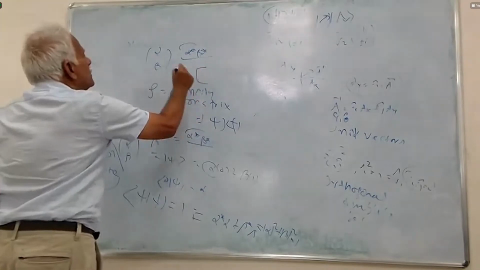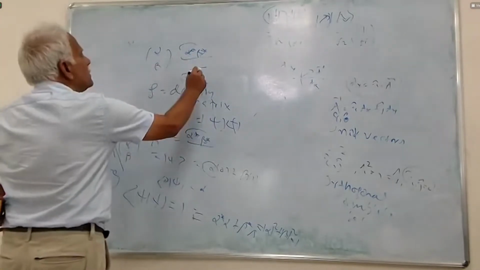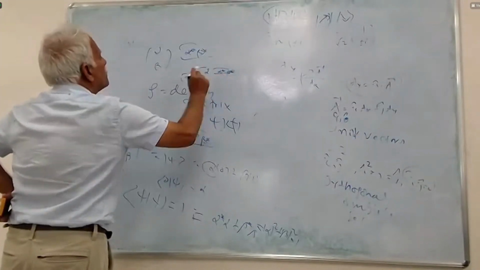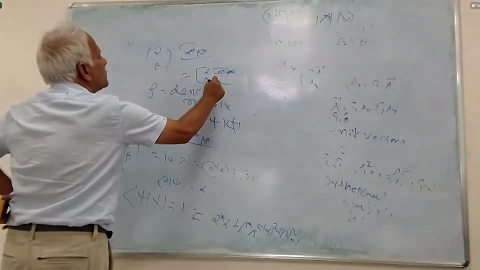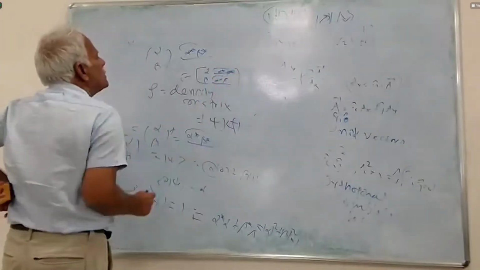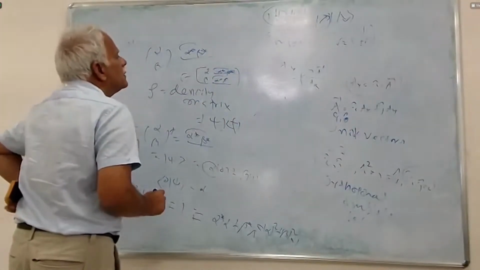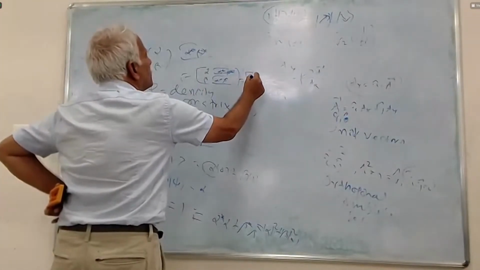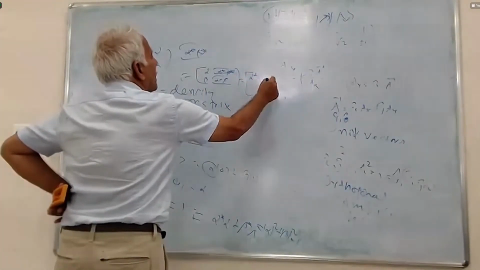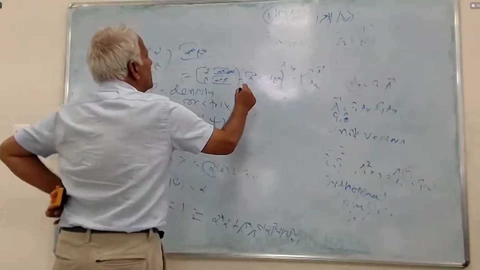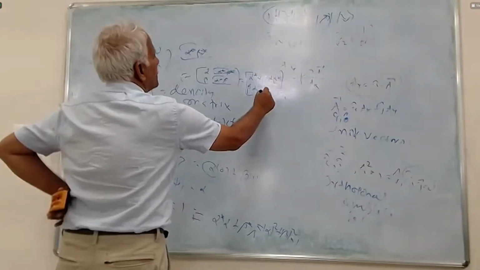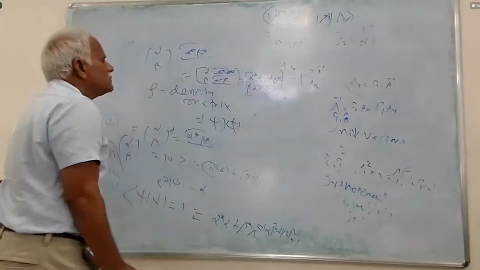So I will take alpha times this fellow, beta times this fellow. So this becomes a 2 by 2 matrix. The outer product. So what is it? This is alpha star alpha, alpha beta star, beta alpha star, and beta star beta. So a 2 by 2 matrix.